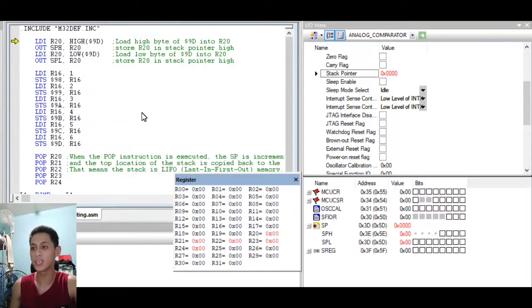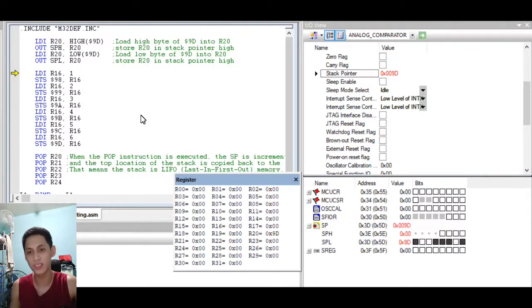First, we put LDI R20 into high, which is the stack pointer. We will set it to 9D and output it to SPH. Then next we put R20 again to low with the value 9D and output it to SPL.